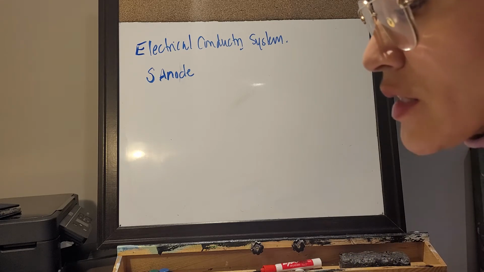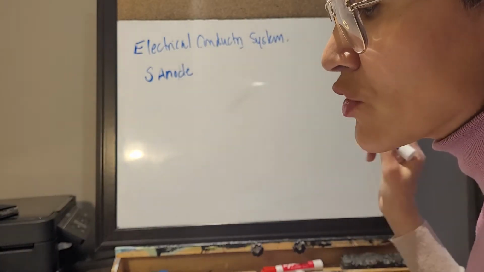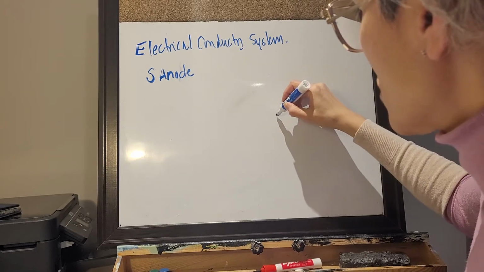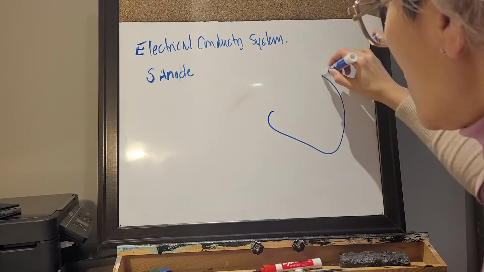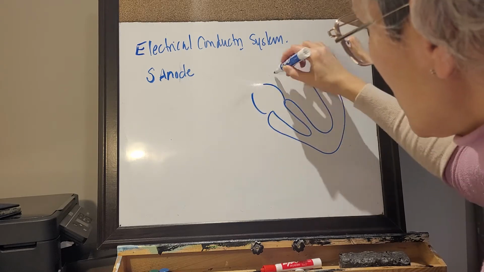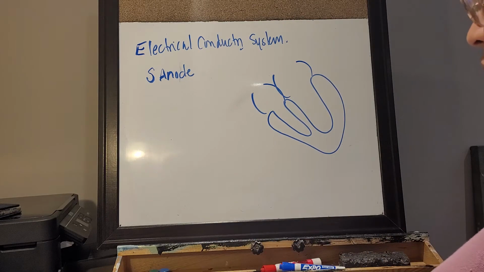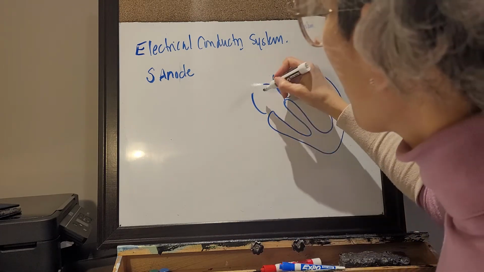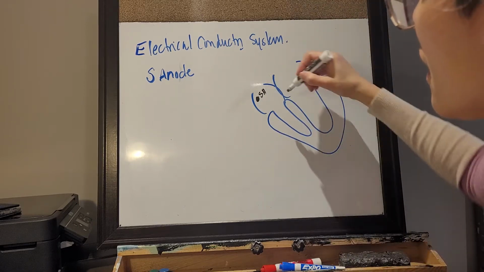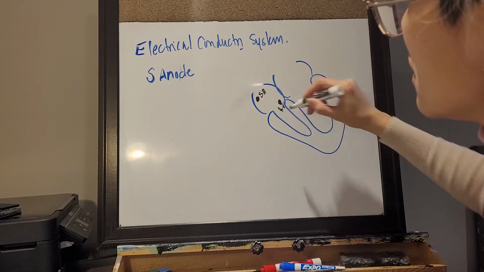So we have the SA node, and then we have interatrial tracts. So if we think about the heart muscle, let's say we have an SA node in here in the right atrium, and then we have your AV node sitting here.